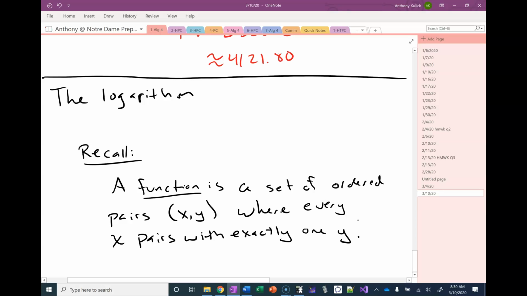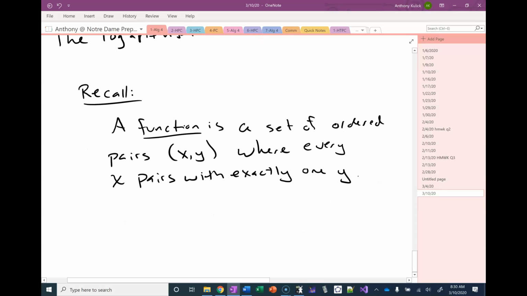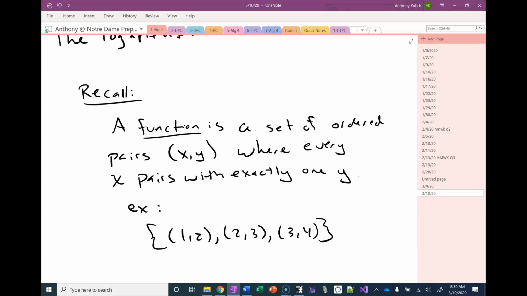Good. So, for example, is this a function? Yes, right? My x's are 1, 2, and 3. 1 is paired with just one number. 2 is paired with just one number. 3 is paired with just one number. Okay?